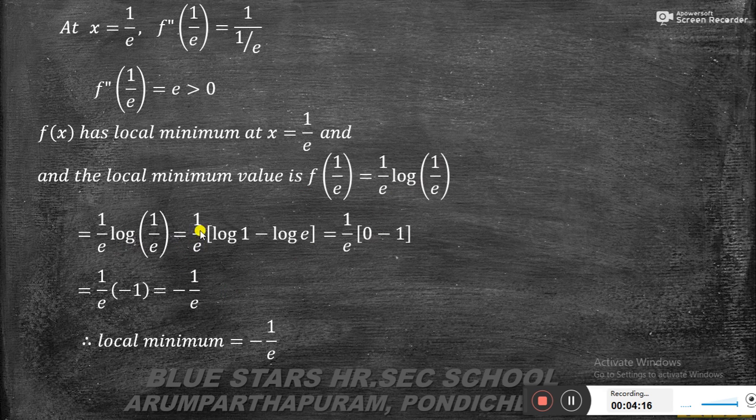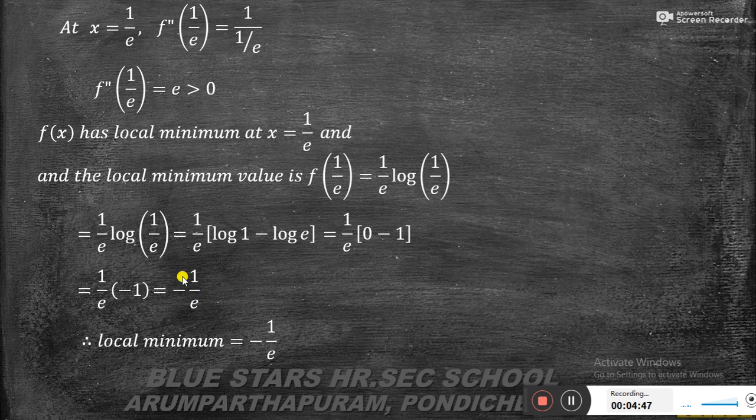This is 1 by e into log 1 minus log e. We know log 1 equal to 0, and log e is 1. So 0 minus 1, therefore 1 by e into minus 1 equal to minus 1 by e.